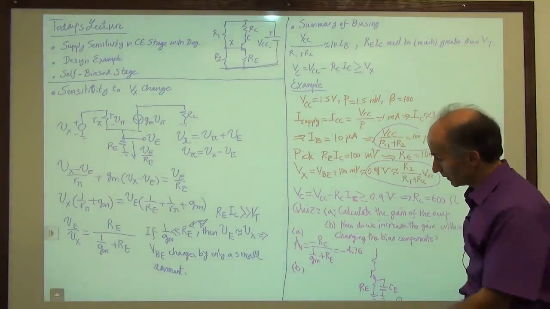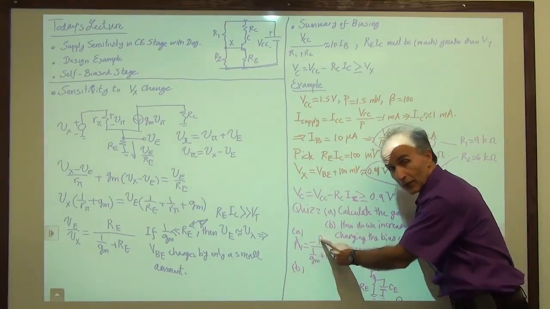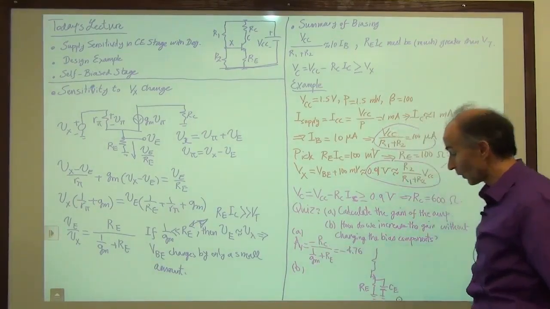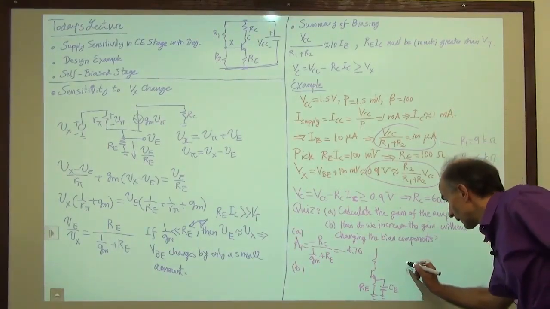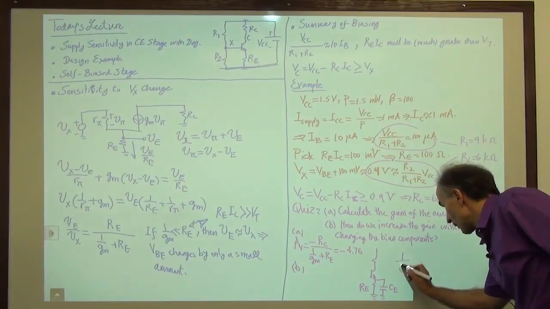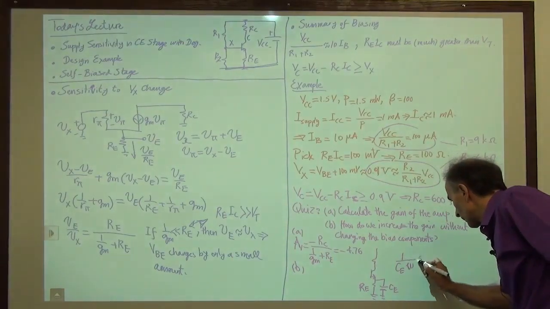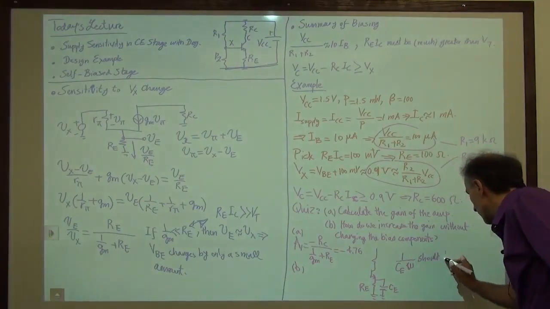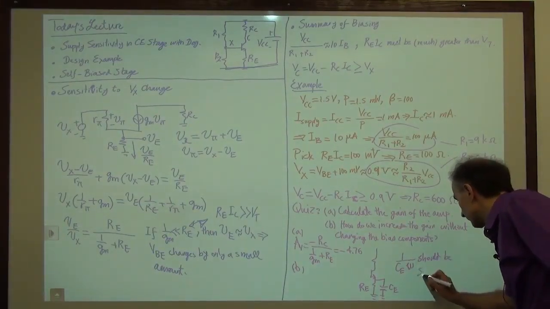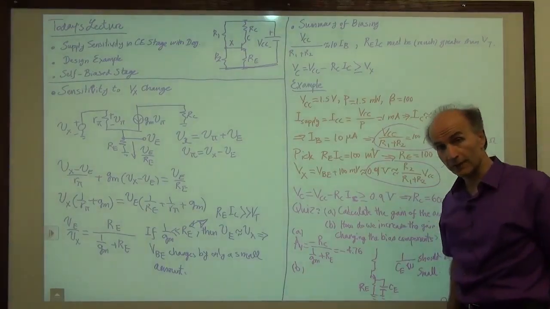If it's close to 0, we can take this away. And the gain goes back to minus GM times RC. So ideally, maybe not practically, but ideally, what we want is 1 over C_E omega, should be small for the frequencies of interest.